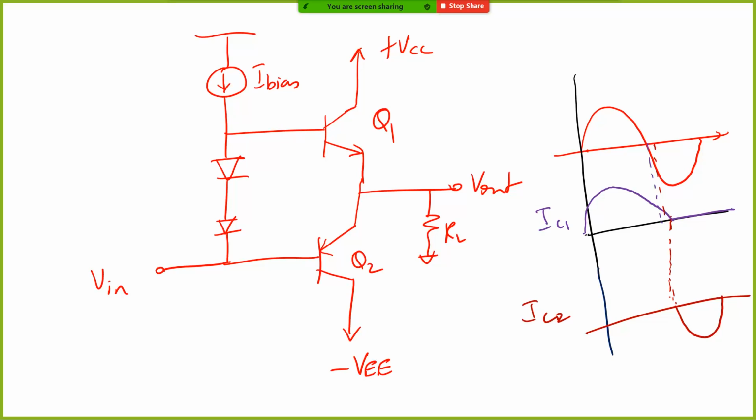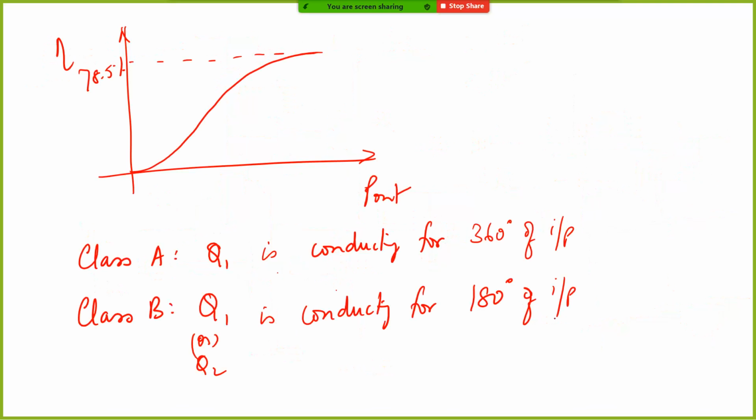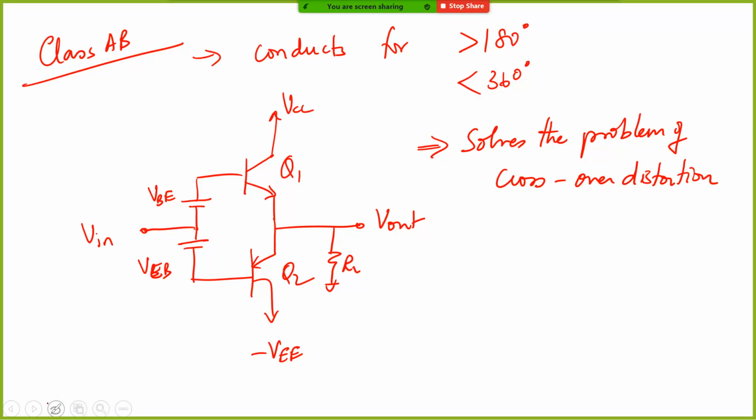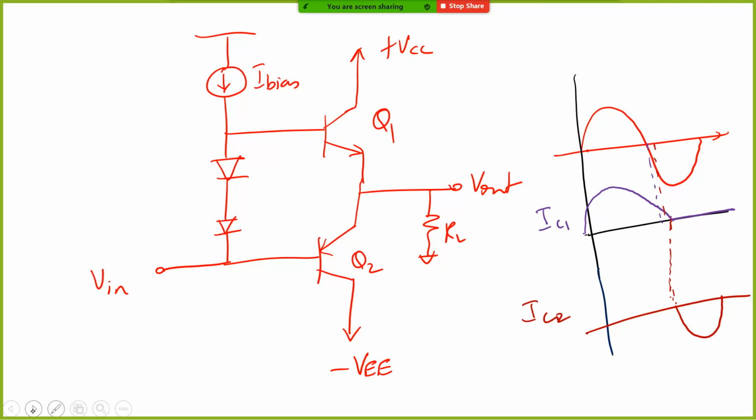Okay, so here you can see that the conduction angle, whatever I said here, is what is called the conduction angle. The conduction angle is now greater than 180 degrees for this Q1, but it is definitely far lower than 360 degrees. This is what is called a class AB power amplifier.